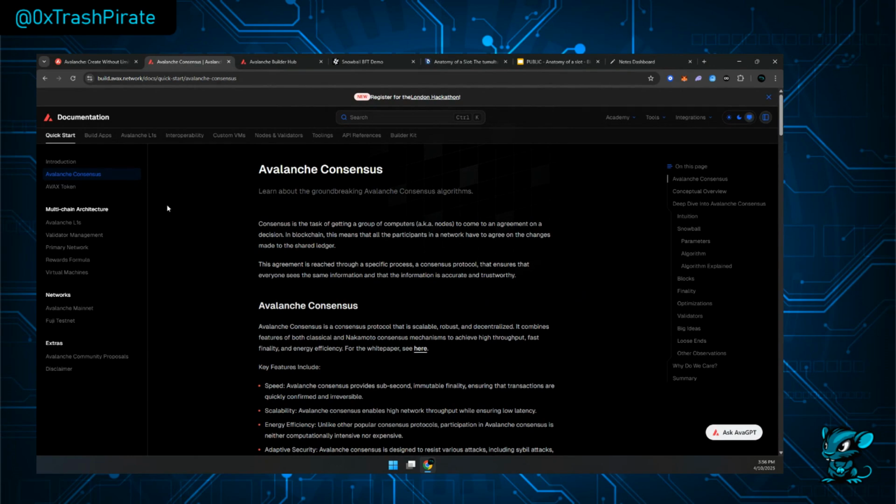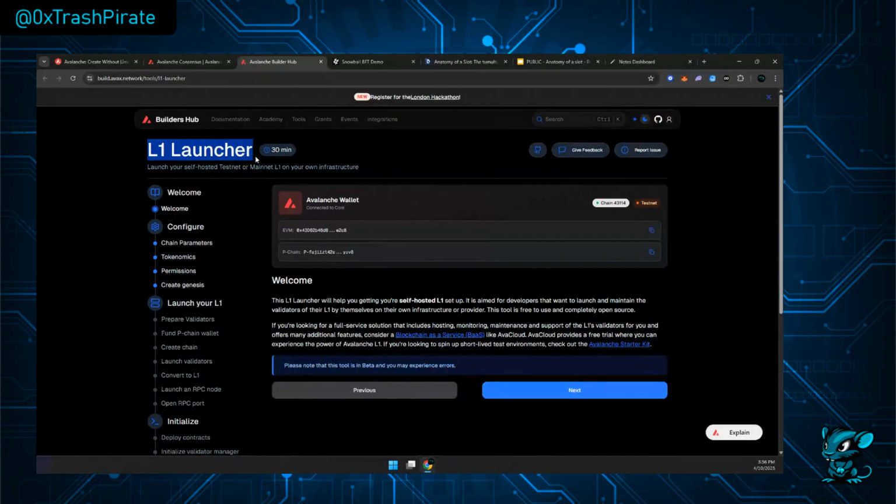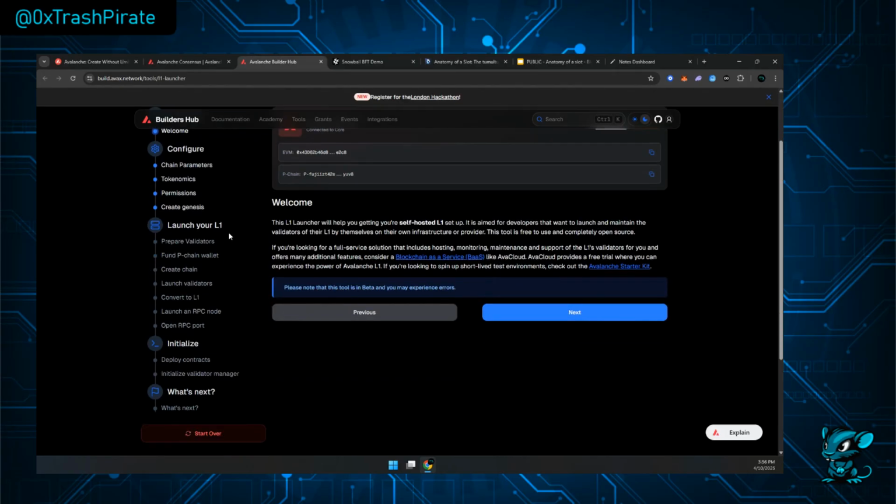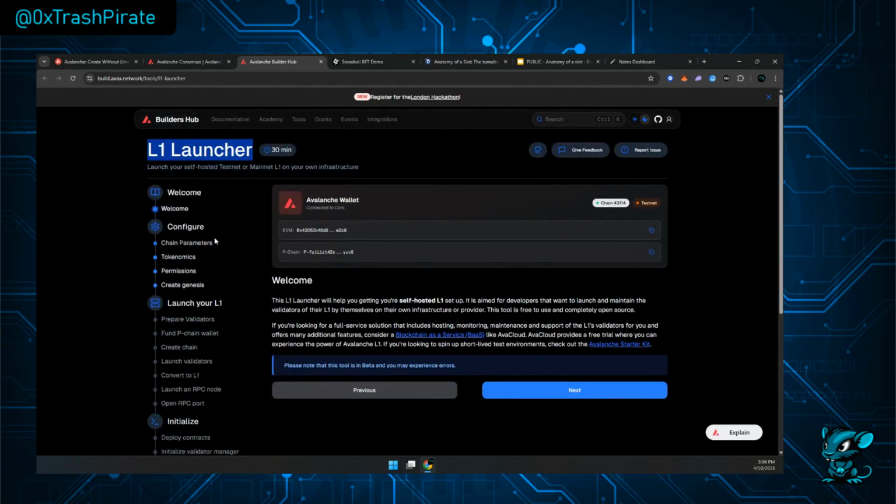Also, what I mentioned with these L1s, you have to create subnets, and it's in beta and not complete because certain options you still don't have, so you would have to do that programmatically. But basically you can just do a walkthrough here. All you need is a Core wallet, and I believe it requires 2000 AVAX to spin up a node.